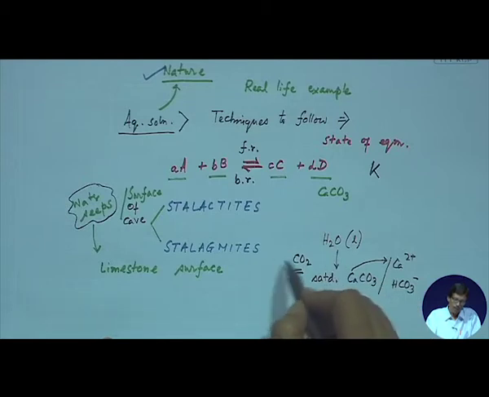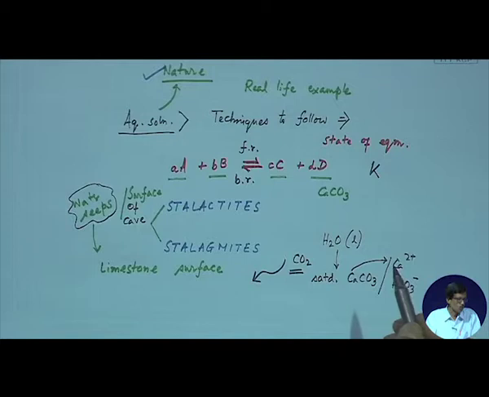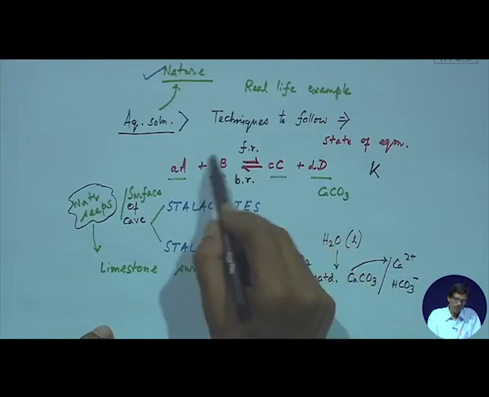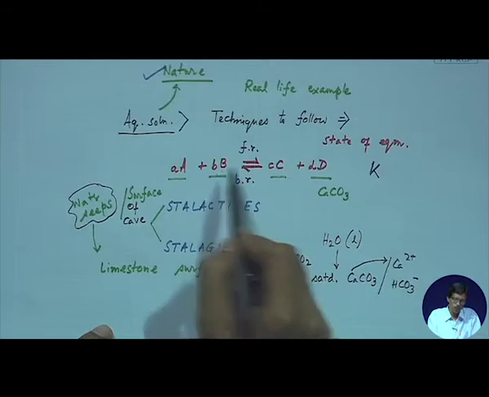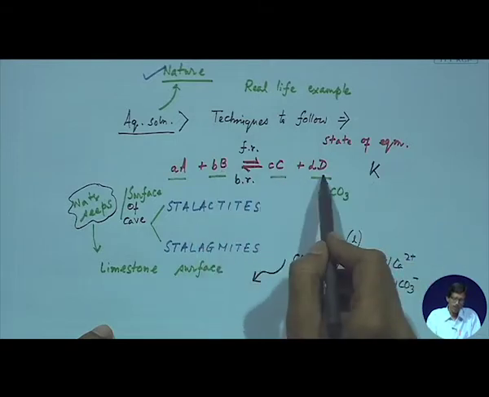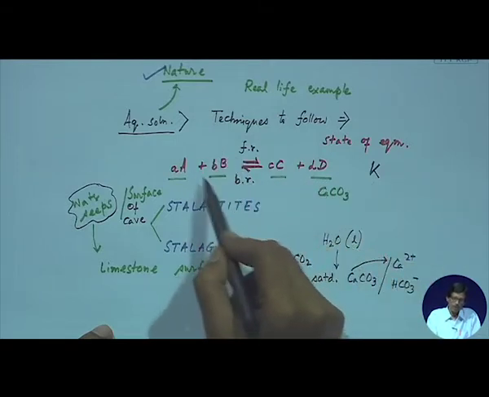If this is not available, if CO2 is going away, what is happening then? B is CO2, if you consider calcium carbonate plus CO2 giving rise to Ca2 plus and HCO3 minus. So, this CO2 is going away.